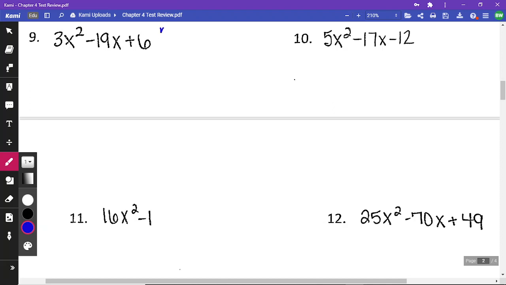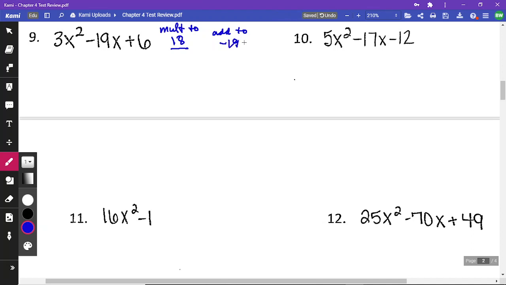So the numbers we're looking for have to multiply to A times C, right? And A times C in this one, it's the 3 times 6, that's 18. And they have to add to the middle term, which is 19.